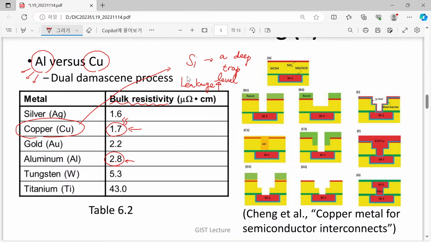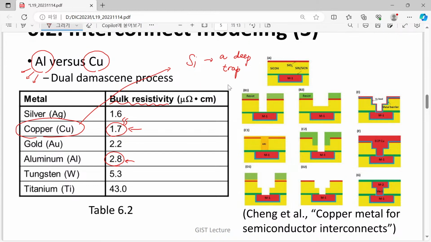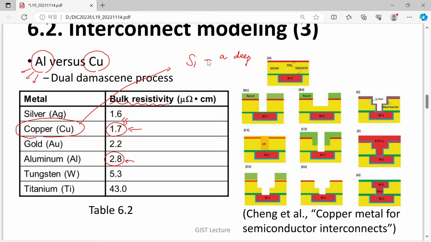So it is actually a contamination. Copper is one of the representative causes of contamination. So there was a certain taboo about using copper in silicon technology for a long time. Although copper has good properties from the viewpoint of resistivity, they never tried to incorporate copper into silicon technology.